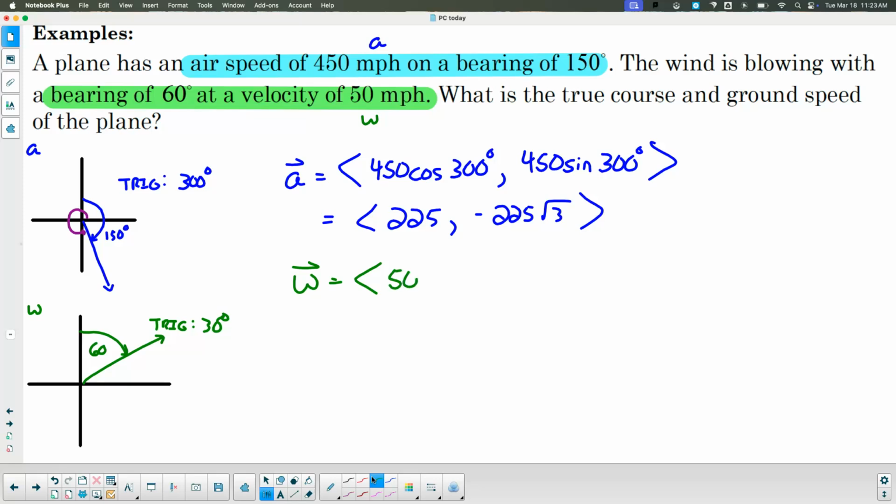It said 50 cosine of 30, 50 sine of 30. I get those. Yes?